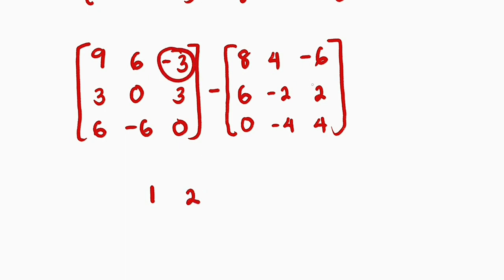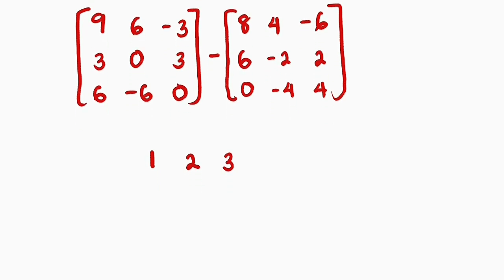Negative 3 minus negative 6 is the same thing as negative 3 plus 6, which is positive 3. Second row. 3 minus 6 is negative 3. 0 minus negative 2 is positive 2. 3 minus 2 is 1.